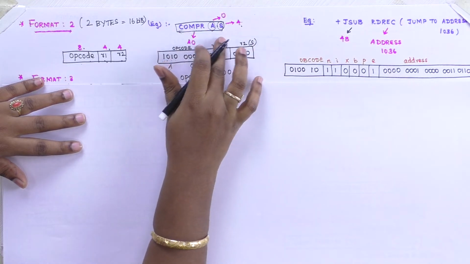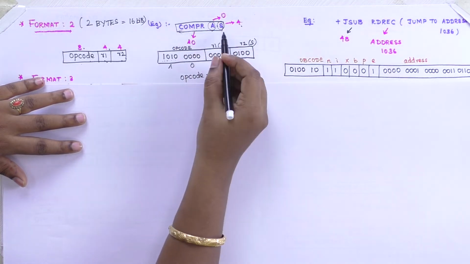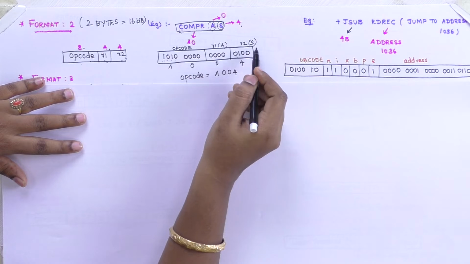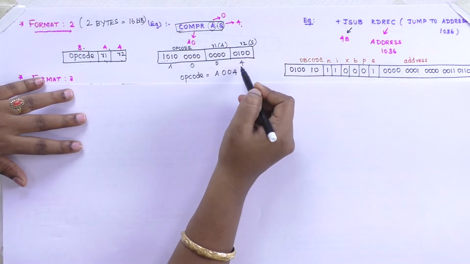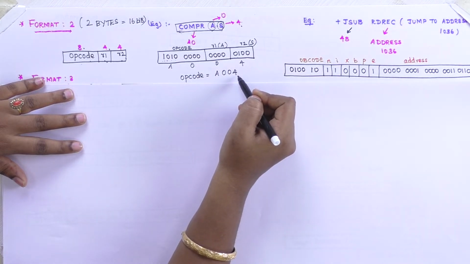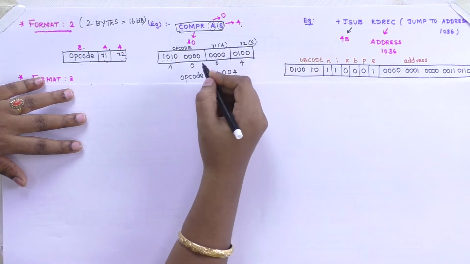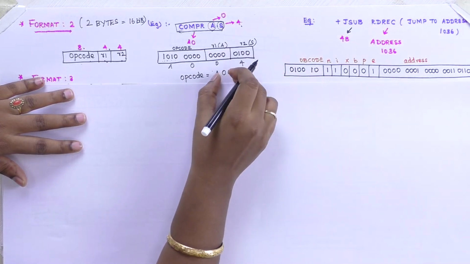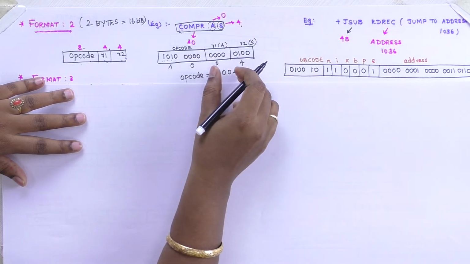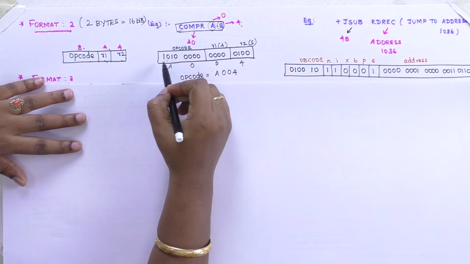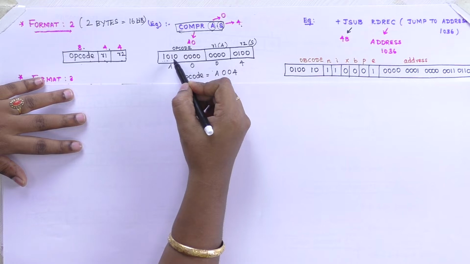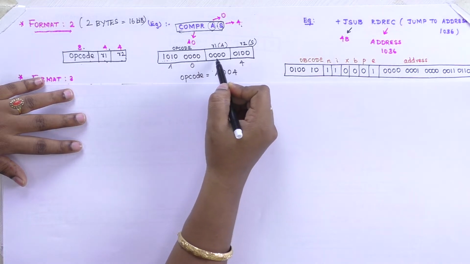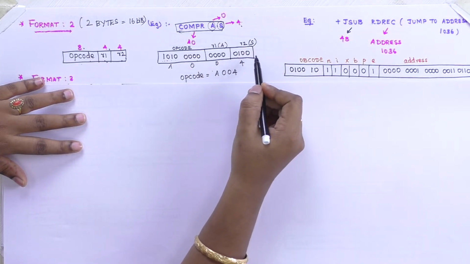So this particular instruction, compare A comma S, is stored in this format: A004. This is the hexadecimal representation, but actually in memory it is stored in binary format: 1010 0000 0000 0100.